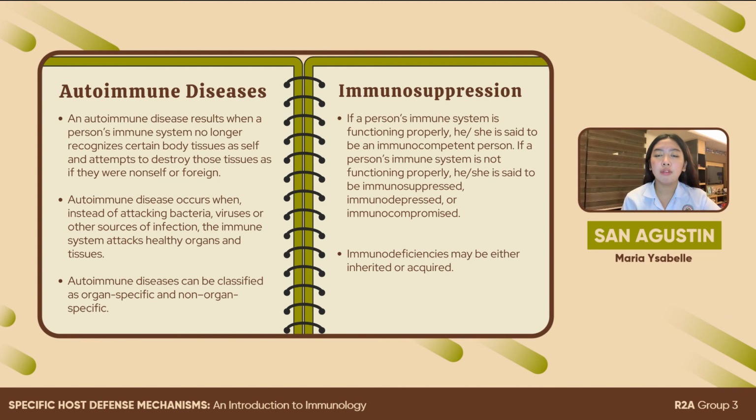Immunosuppression. If a person's immune system is functioning properly, he or she is said to be an immunocompetent person. If a person's immune system is not functioning properly, he or she is said to be immunosuppressed, immunodepressed, or immunocompromised. The most common cause of immunodeficiency worldwide is malnutrition. It is a suppression of the immune system and its ability to fight infection.